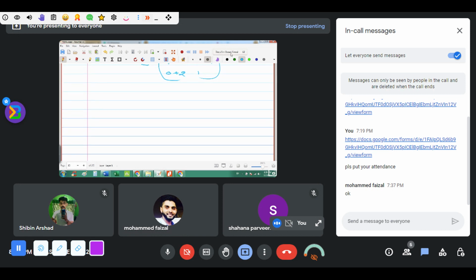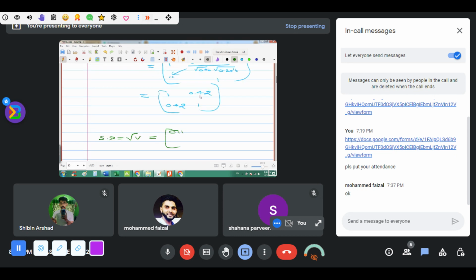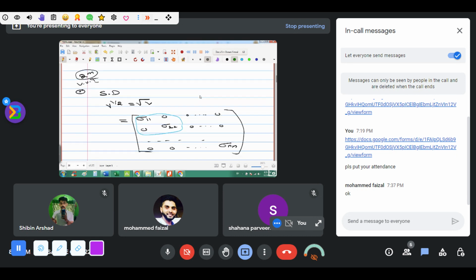Same idea for the standard deviation. So what is the standard deviation formula? Root V. Sorry, maybe I made a mistake in my formula.